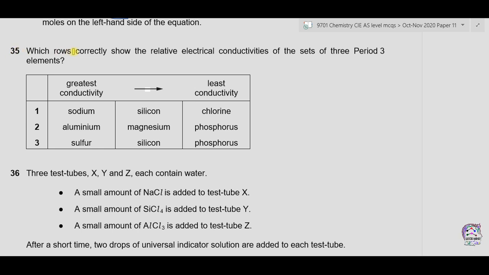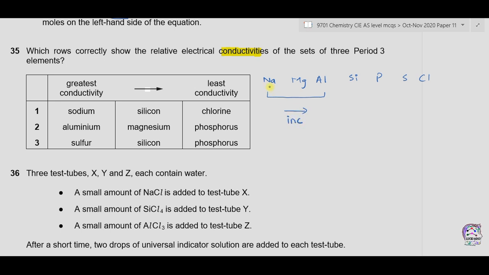Question 35. Which rows correctly show the relative electrical conductivities of the sets of 3 period 3 elements. We know that in period 3 sodium, magnesium, aluminum, silicon, phosphorus, sulfur and chlorine are present. Among these metals, sodium, magnesium and aluminum, the electrical conductivity increases along the period.